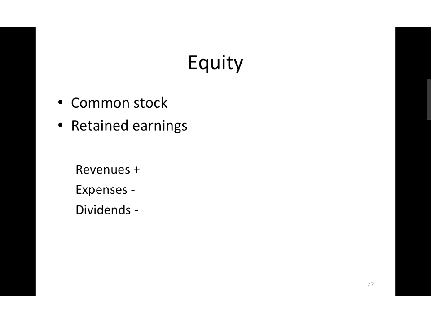Okay, so down below, I have revenues, expenses, and dividends. Revenues, expenses, and dividends ultimately, at the end of the period, impact retained earnings. Revenues increase retained earnings, that's why I have a plus after it. Expenses decrease retained earnings, and dividends decrease retained earnings. So that's why I have a plus and minus.